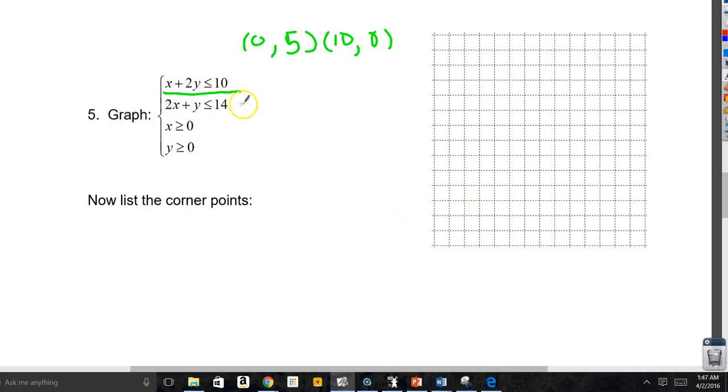So we'll do this one. If x is 0, y is 14. If y is 0, x is 7. And this is x equals 0 and y equals 0.